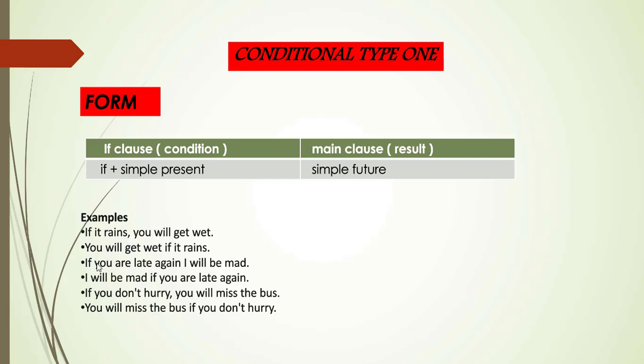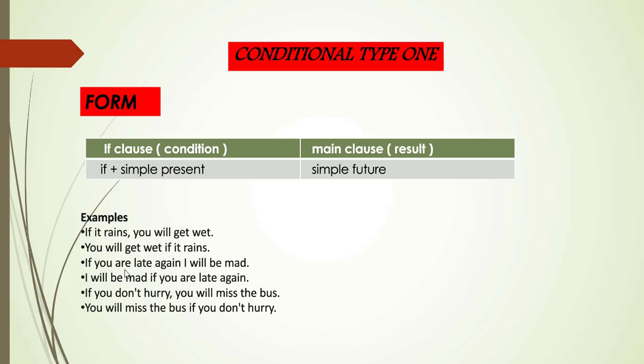Then we have another example: "if you are late again, I will be mad". In the if clause we have are, which is the verb to be in simple present, and in the main clause we have will be, in simple future. The same thing here, if we change the arrangement, we will start with the main clause: "I will be mad if you are late".